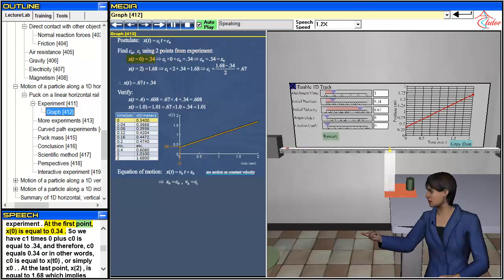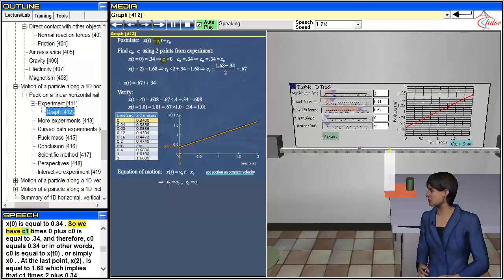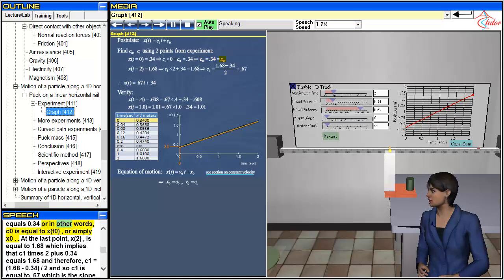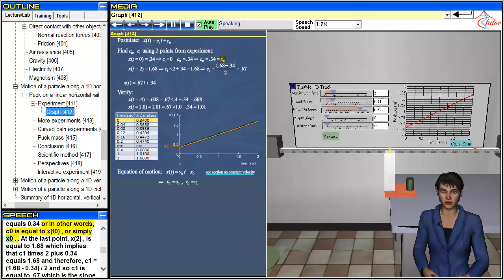At the first point, x at t equals 0 is equal to 0.34. So we have c1 times 0 plus c0 is equal to 0.34. And therefore, c0 equals 0.34. Or in other words, c0 is equal to x of t0, or simply x0.